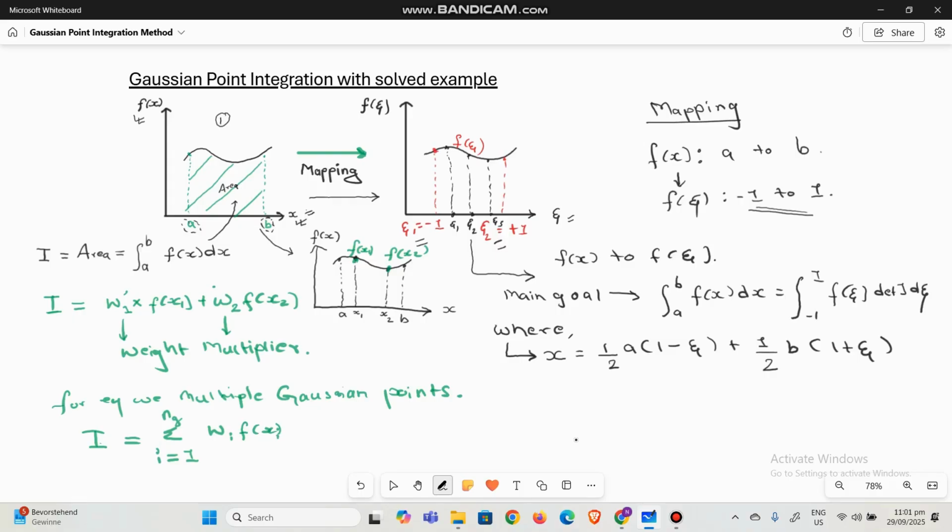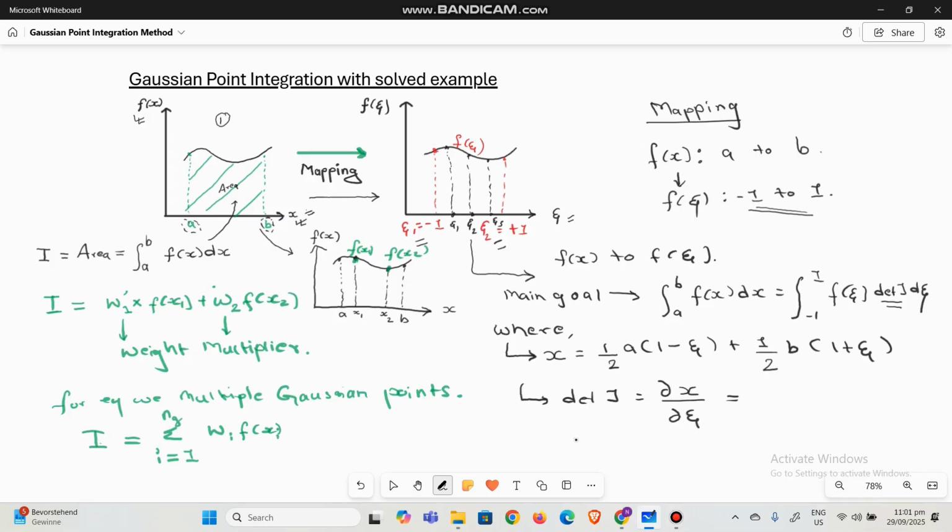So this is the first formula, and you may have noticed there is something called the determinant of Jacobian. The determinant of Jacobian is nothing but the partial derivative dx upon dxi.